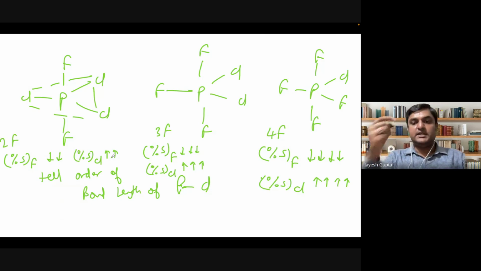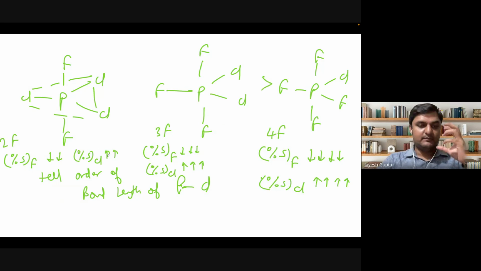So easily you can see here it increased to a larger extent. So the P-Cl bond will be shorter here, and here it increased to a somewhat lesser extent, so the bond length will be higher in this case.